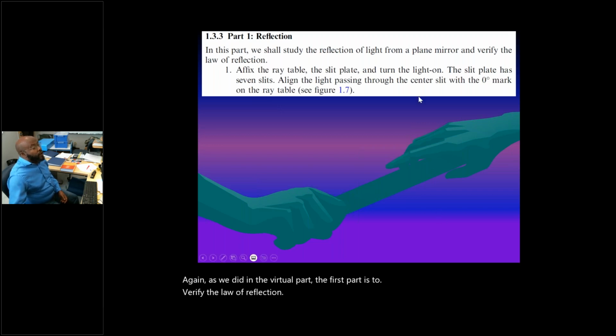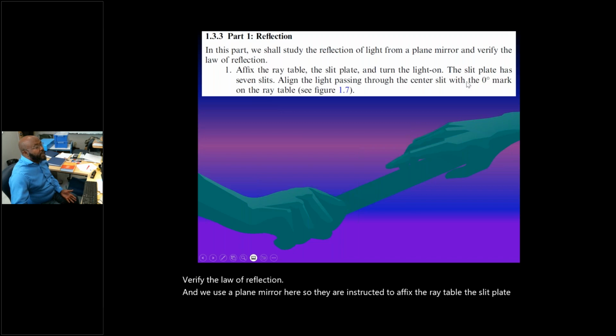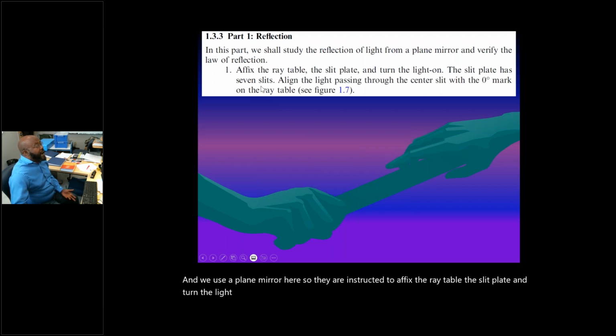And we use a plane mirror here. So they are instructed to affix the ray table and the slit plate, and turn the light on. The slit plate has 7 slits. So align the light passing through the center slit with the 0 mark on the ray table.